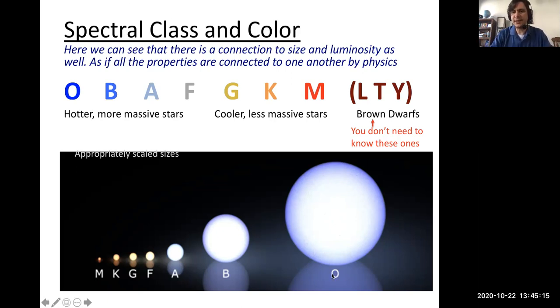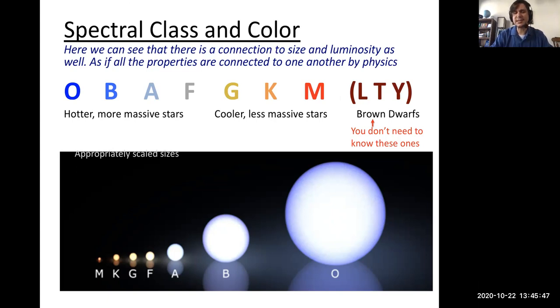So biggest and most massive and brightest, versus smallest, least massive and dimmest, lowest luminosity. So notice that if you know the order of the spectral classes according to temperature, you also know the order of the stars by their spectral class, relating that to, say, the mass, the luminosity, the temperature, the color.